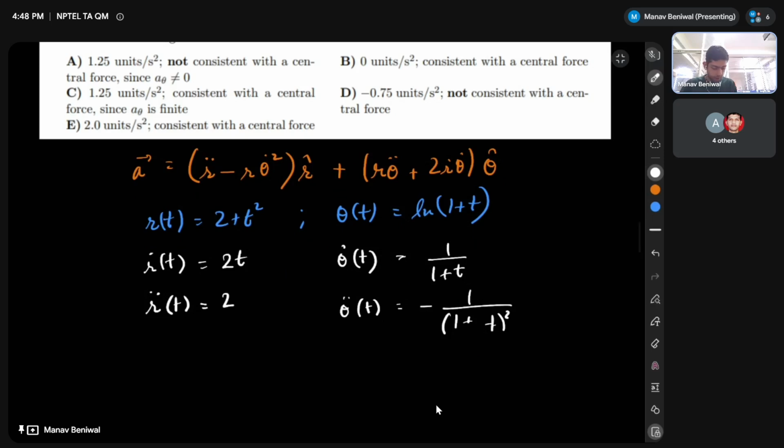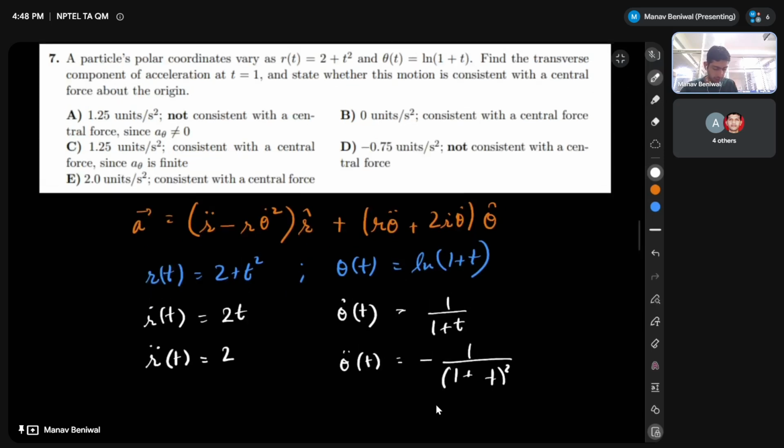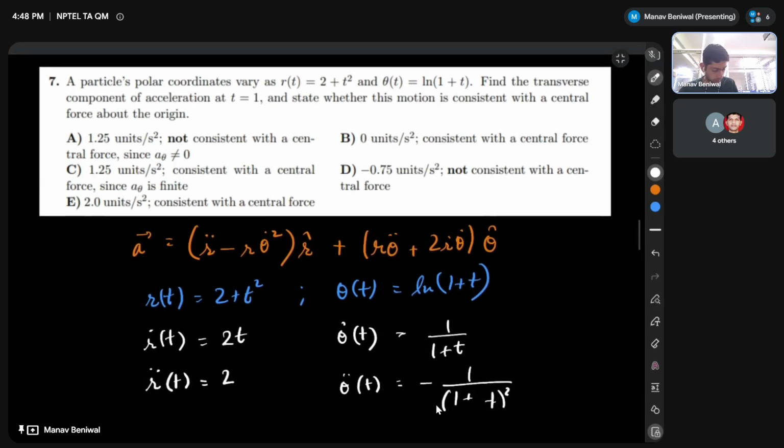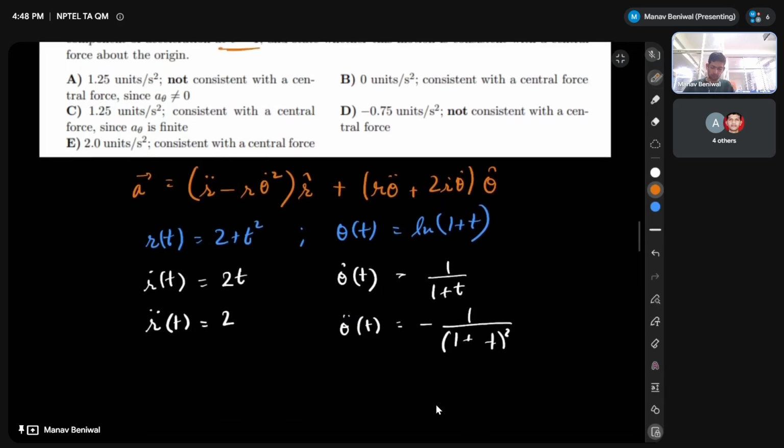So at t equals 1, that is what the question asks. My r will be 2 plus 1, which is 3. r dot is 2.